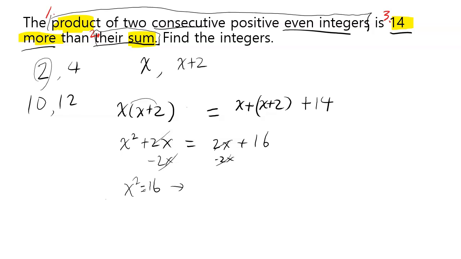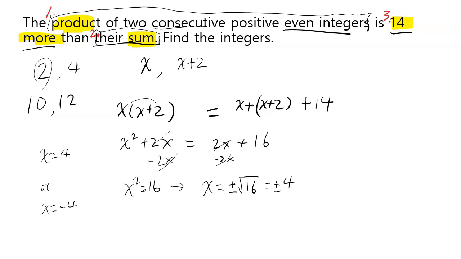And I know that when you have x squared equal to a number, then you can take the square root to solve it. So square root of 16, which is 4. But don't forget, whenever you do this, you need to put two numbers, plus or minus. So we get this answer, x equals 4 or x equals negative 4 as the two answers.